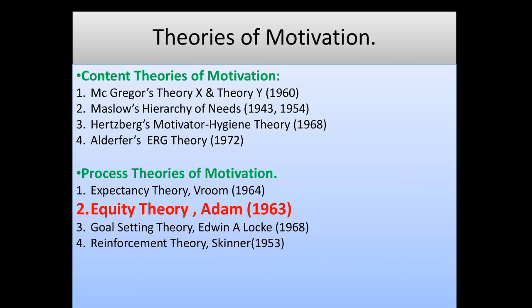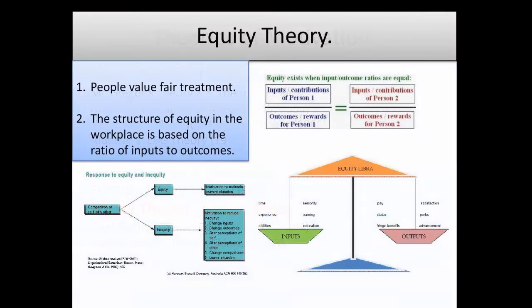Today again we'll be seeing equity theory. Please don't confuse yourself. Equity theory is talking about treating all the employees in an equal manner. That is what equity theory is. The structure of equity in the workplace is based on the ratio of inputs to outcomes.